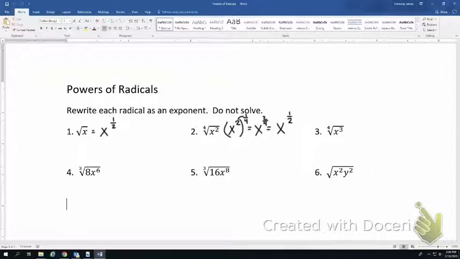On number 3. So on this one, I would have x cubed to the power of what? 1/4. 3 times 1/4 is what? 3/4.